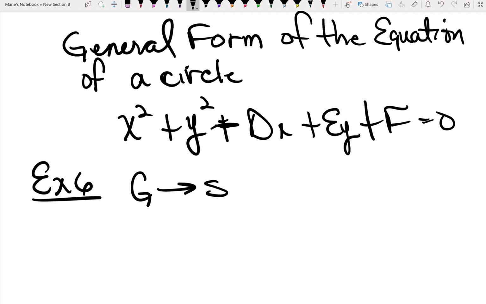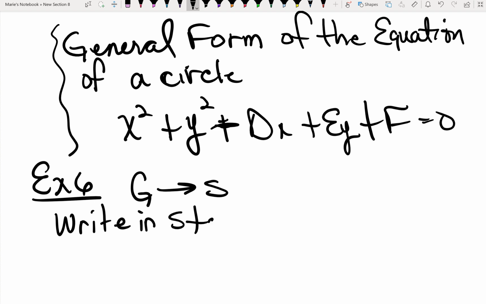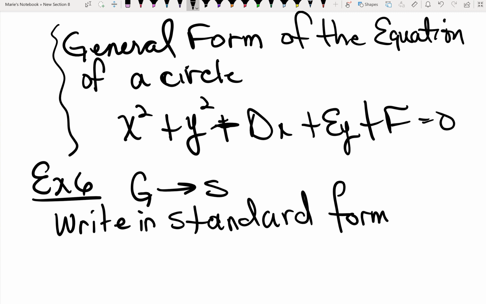This is general form up here. Standard form was what we've been working with. So they want us to write in standard form and graph.